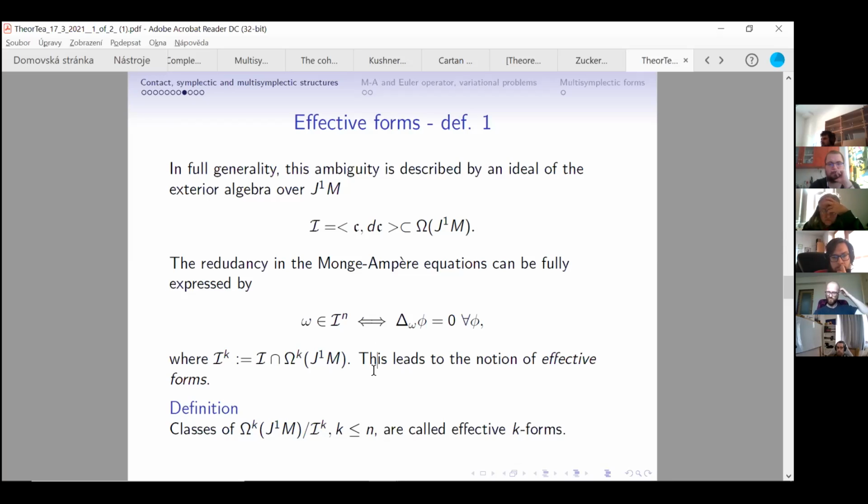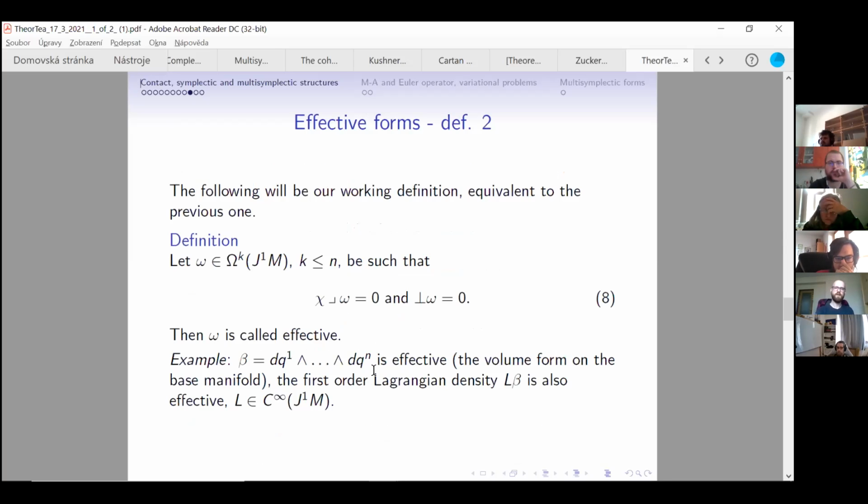But to compute with this definition is not so useful. It is not a computationally useful definition. So there is another, equivalent definition of effective forms. First of all, we assume that k is smaller than or equal to n, as in the previous definition. Algebraically, effective forms are those which are degenerate along the Reeb field, meaning that they live on the Cartan or contact distribution, and the bottom operator of them is 0.